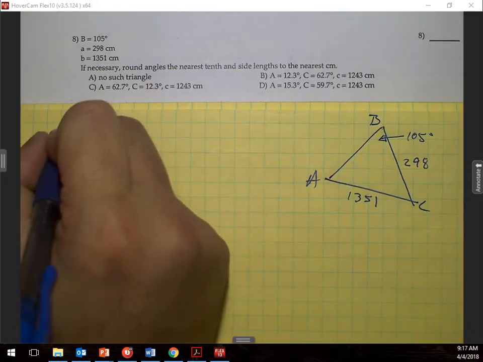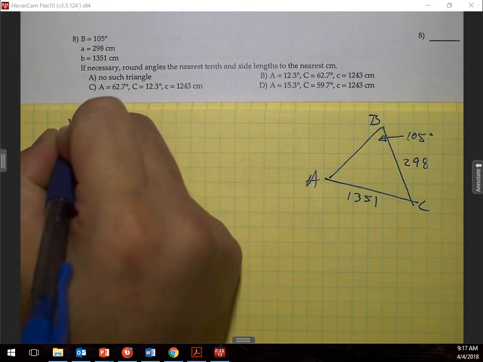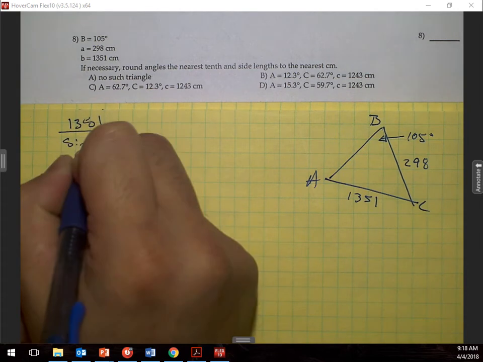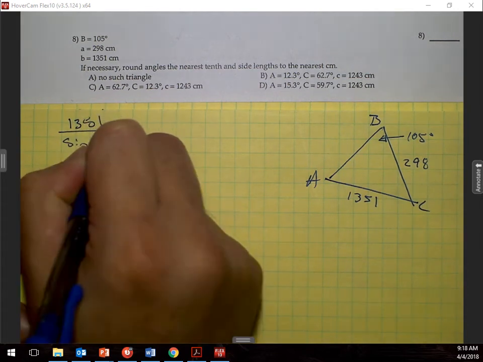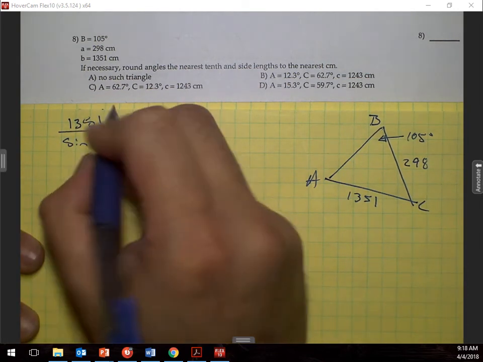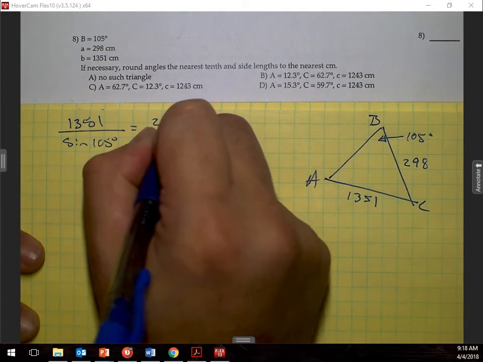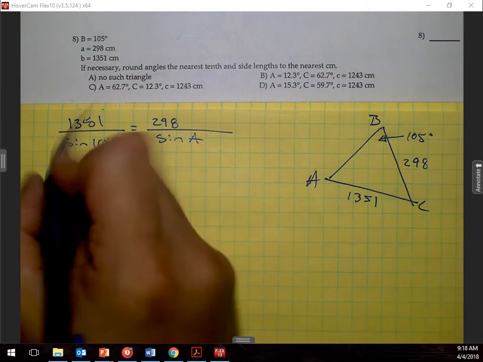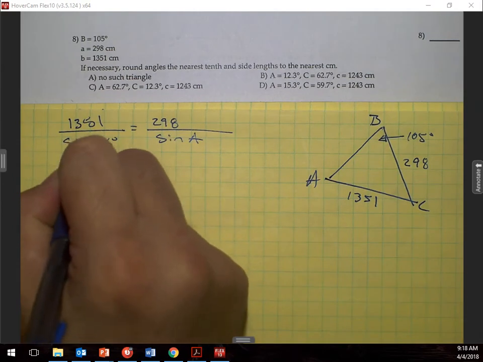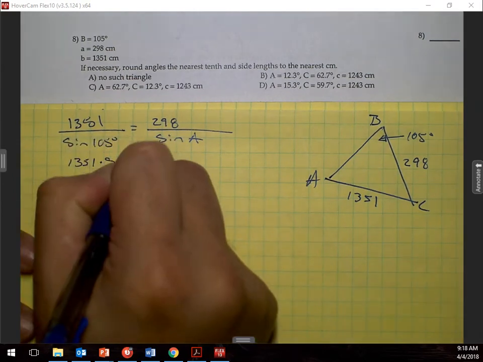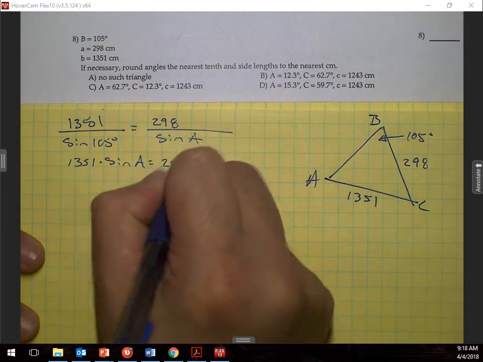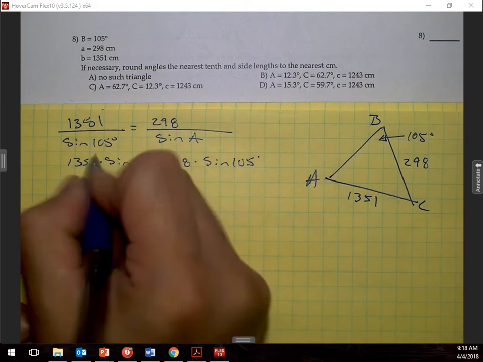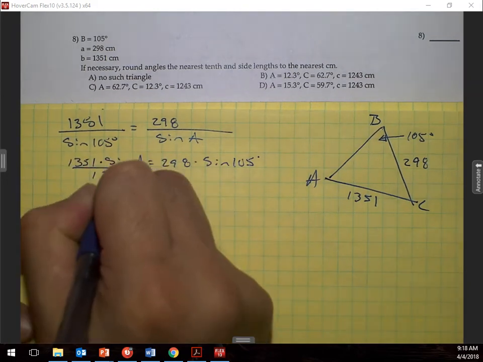So it's going to be 1351 over sine of 105 is equal to 298 over sine A. Cross products, right? So it's going to be 1351 sine A equals 298 sine 105. Okay, divide both sides by 1351.